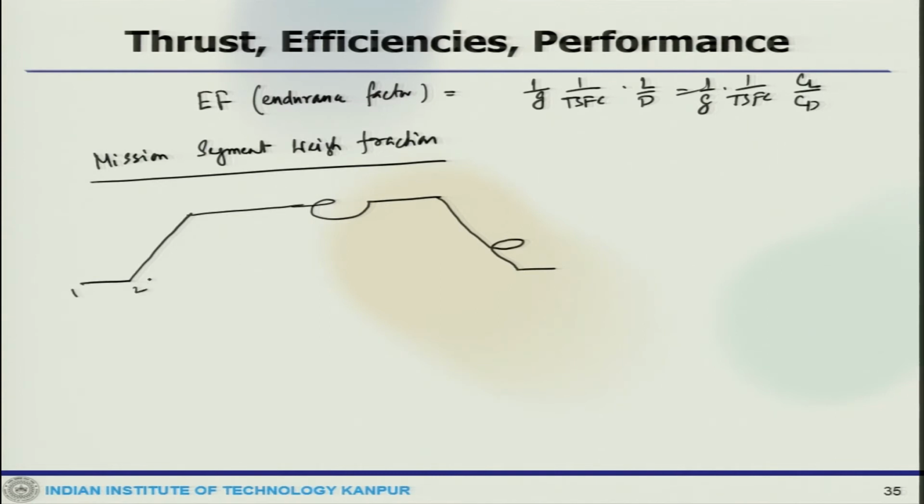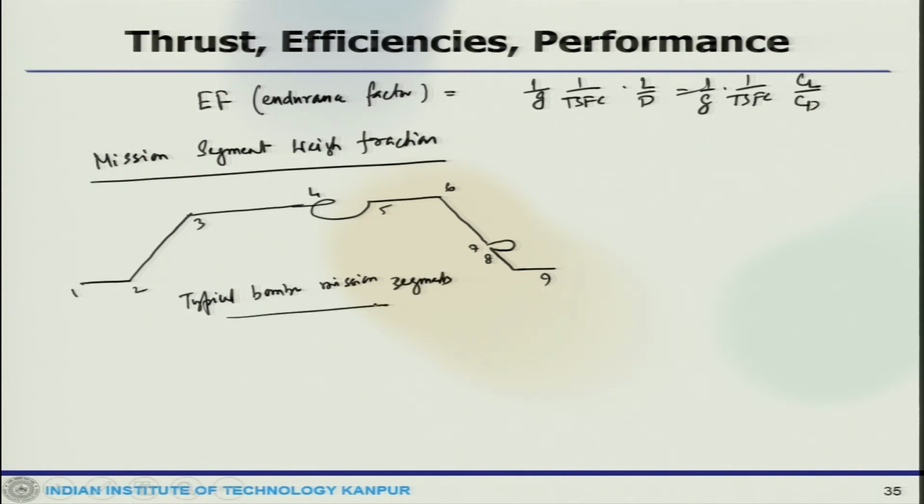So, this is 1, 2, 3, 4, 5, 6, 7, let us say here comes like this, it goes like this, this is 8, 9. That is a schematic of a typical bomber mission profile, mission segments, let us say.